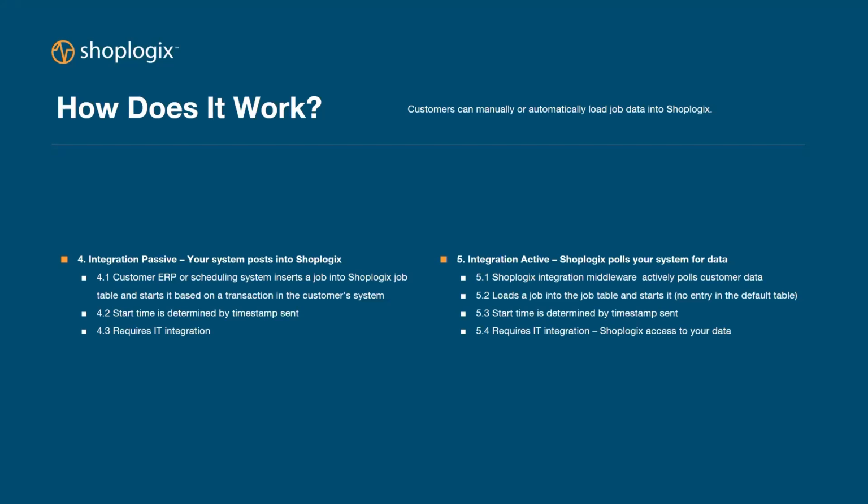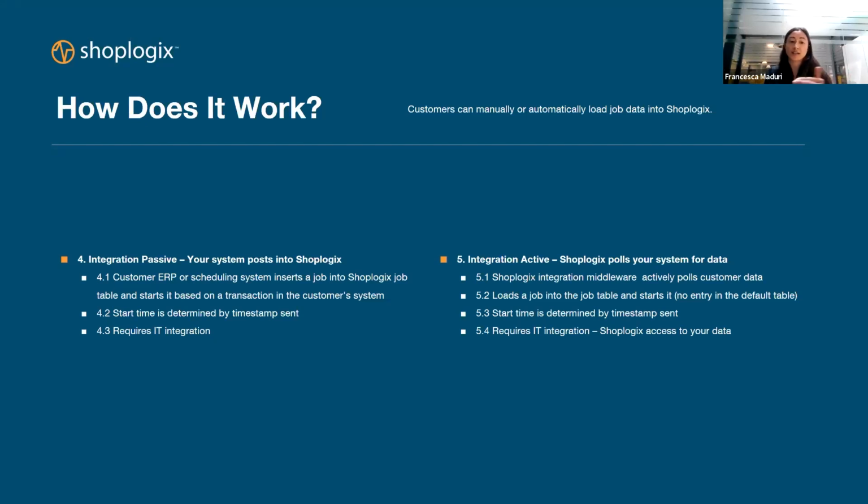And I think, Francesca, we have another webinar coming up that goes into this in more detail, correct? Yeah, so for anyone on the call who's an active customer interested in exploring this method number 5, the active integration, we will have an upcoming webinar. But in the meantime, if you have any questions about integration, you can reach out to your account manager, or contact us through our help center, and we can set up a meeting to discuss.